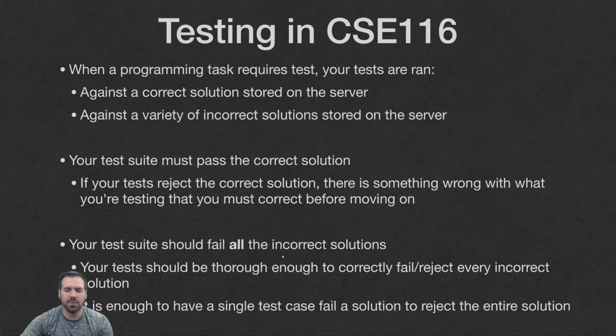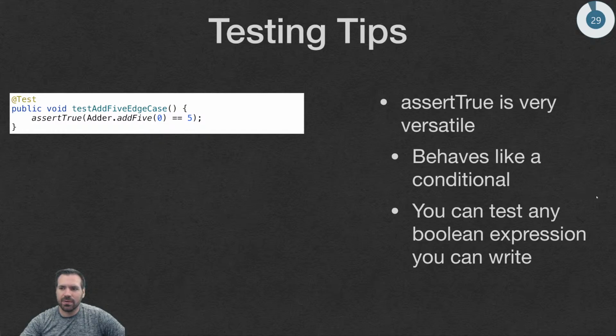When we test on your incorrect solutions, the way it's worded in Autolab will say, do you have tests for feature X or feature Y? Do you have tests for this feature? And this is how we're testing for that, by using known incorrect solutions that have bugs in that specific feature. So that's how to read your feedback in Autolab.